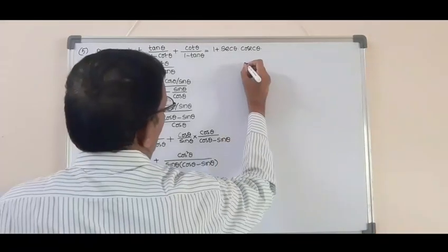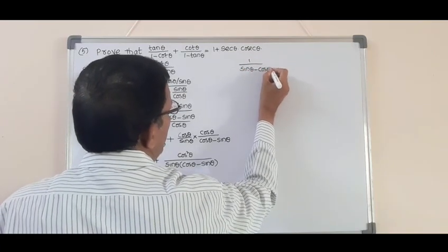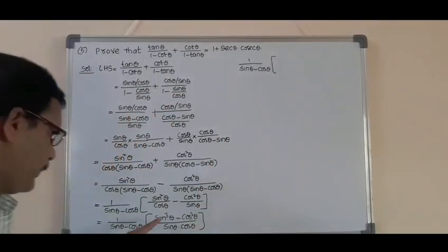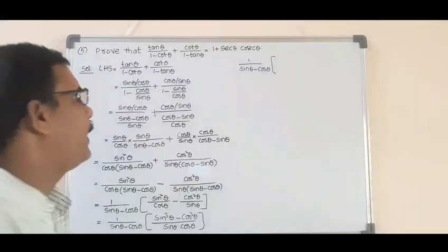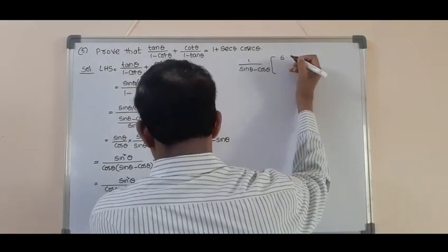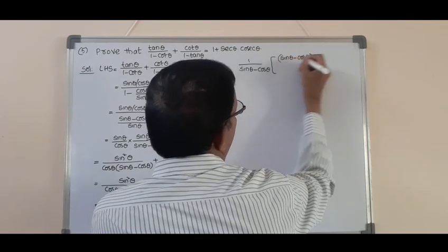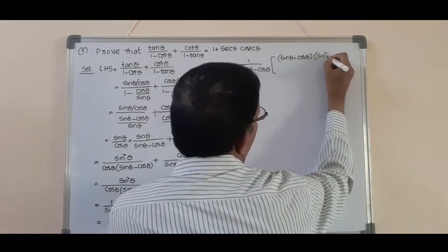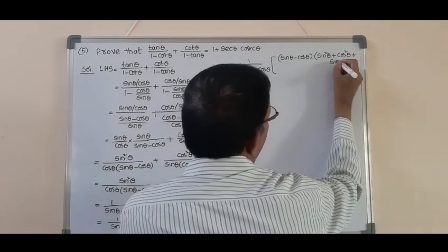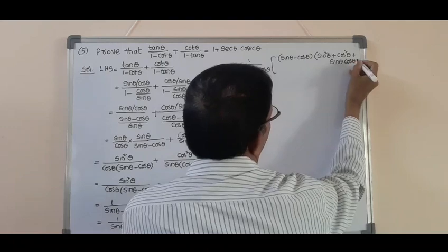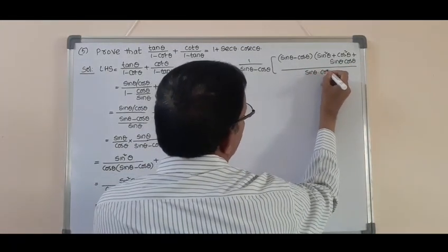Now, 1 by sin theta minus cos theta into, now sin cube theta minus cos cube theta, it is in a cube minus b cube form, that is equal to a minus b into a square plus b square plus ab by sin theta into cos theta.